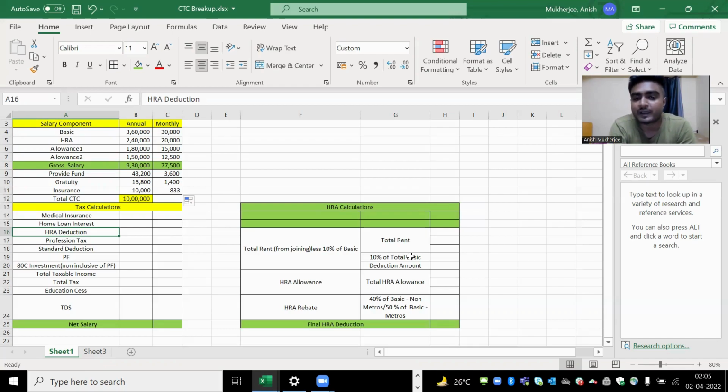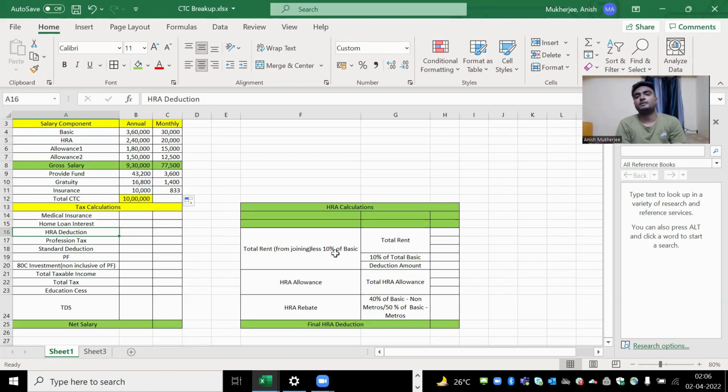We need to keep one thing in mind: while showing the HRA, we need to submit the rental receipts to be able to claim HRA. You need to submit the receipts for the rent that you have paid, signed by your landlord, as proof that you have paid this amount of rent.